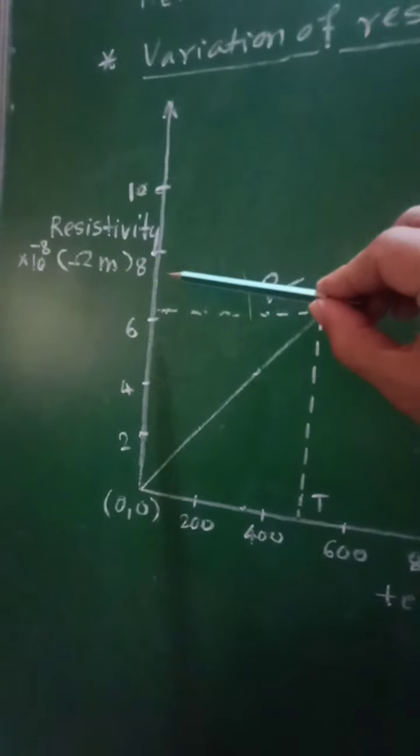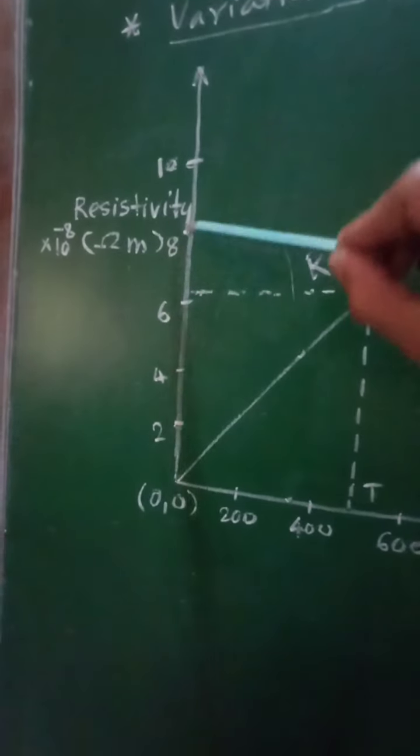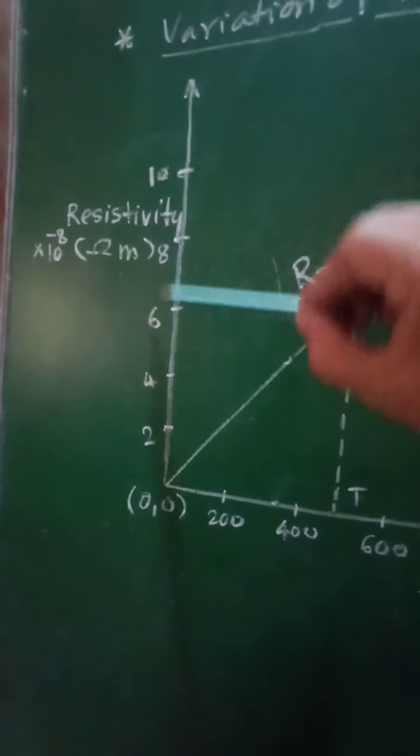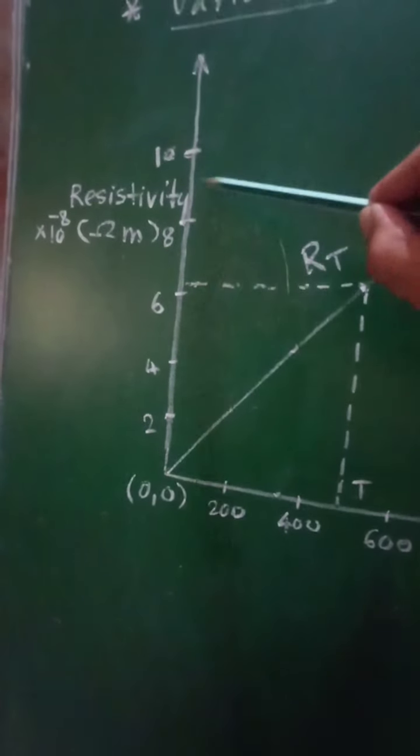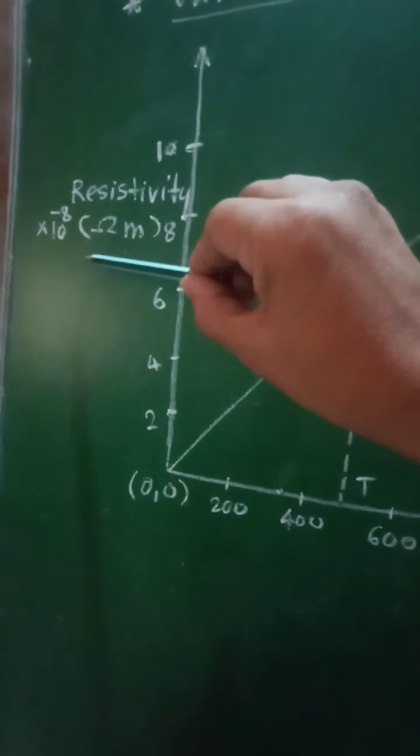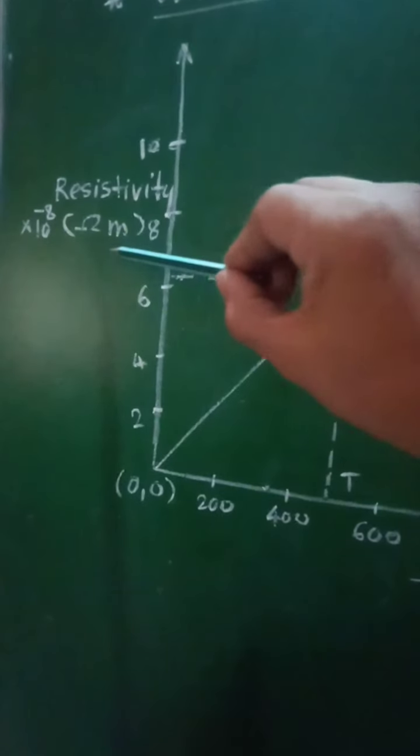Resistivity is plotted along the y-axis, marked as 2, 4, 6, 8, 10, in powers of 10 raised to minus 8 ohm meter.